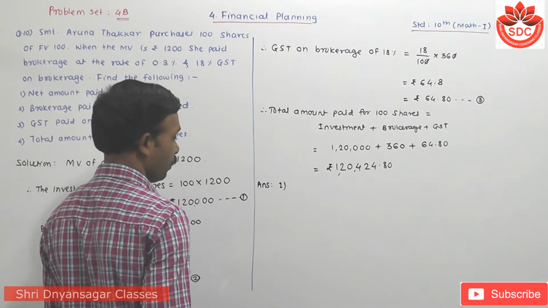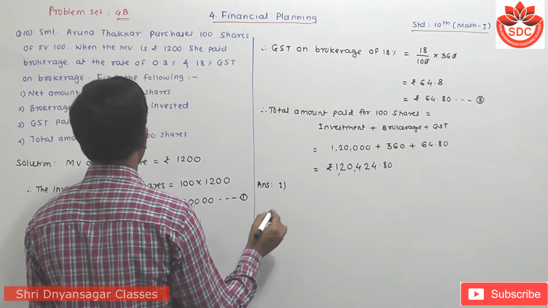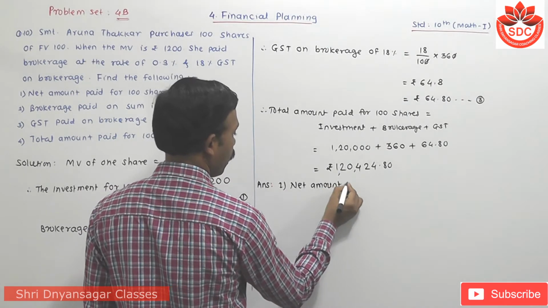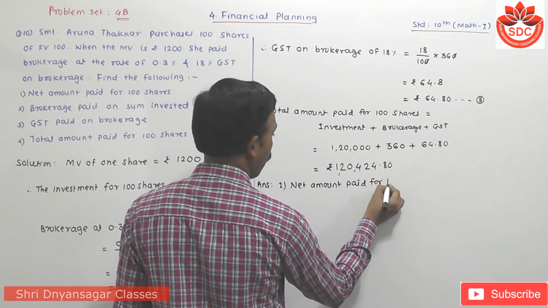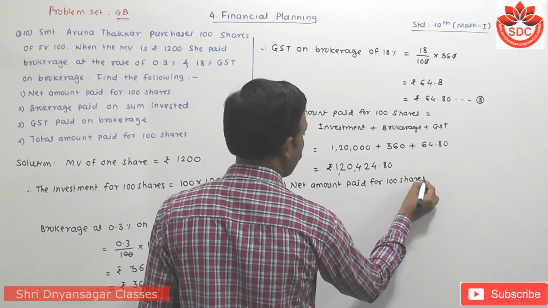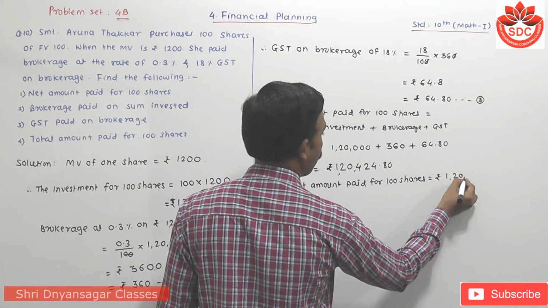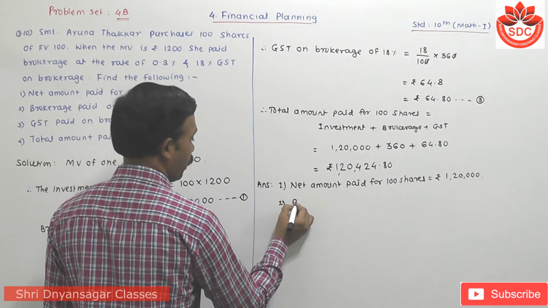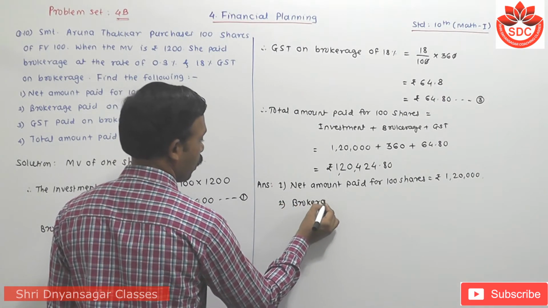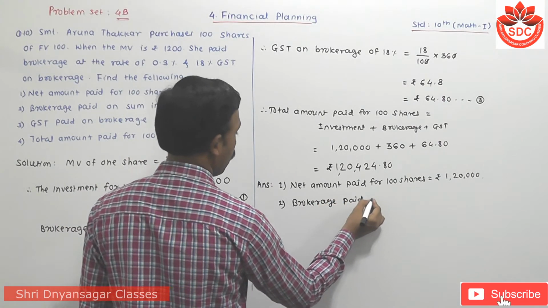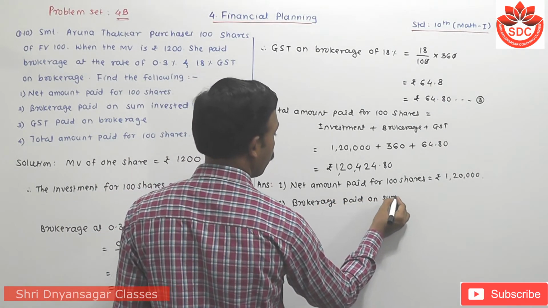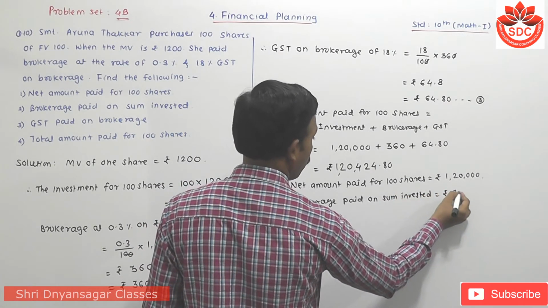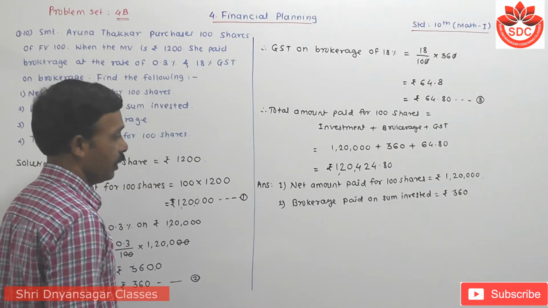Answer first I have taken here. Net amount paid for 100 shares is equal to rupees 1,20,000. Second one is brokerage paid on sum invested is equal to rupees how much? 360. Second one is here.